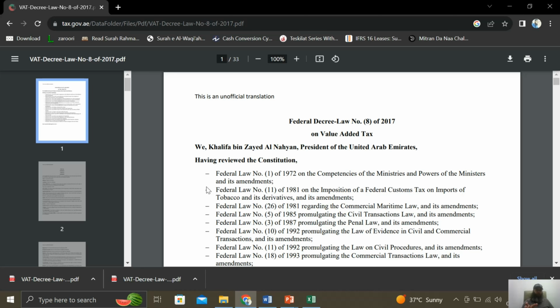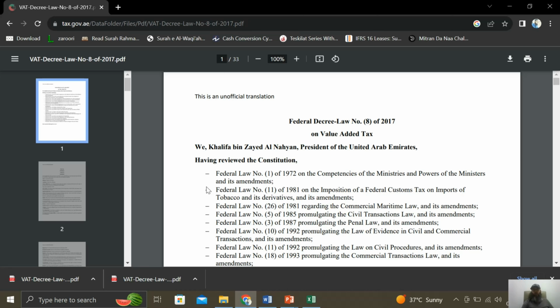Like here in UAE, fuel expenses for vehicles that are completely under the use of business, you can claim the VAT on that fuel bill. But for vehicles that you are using for personal use, you cannot claim that VAT.